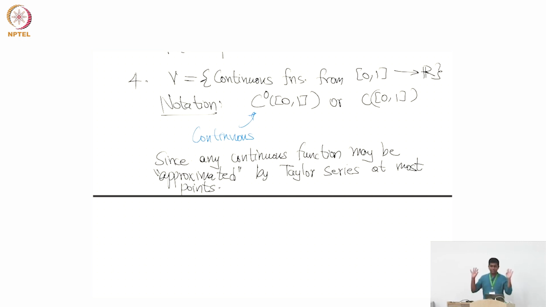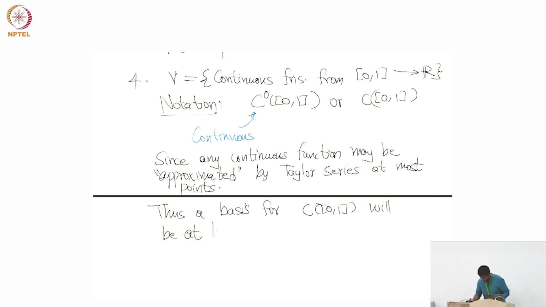So since you can write down Taylor series, a basis for C 0, 1 will be at least, in double air quotes, similar to a basis for the space of polynomials itself.